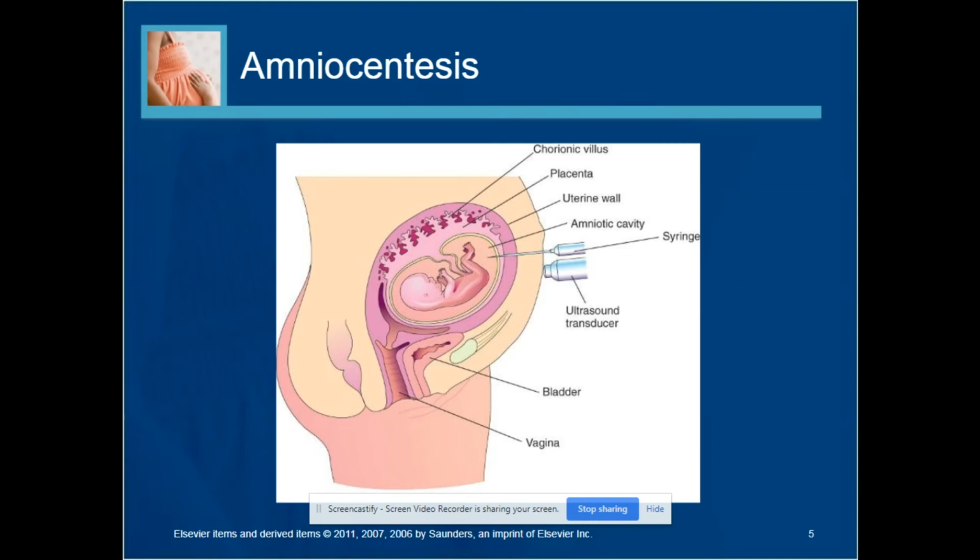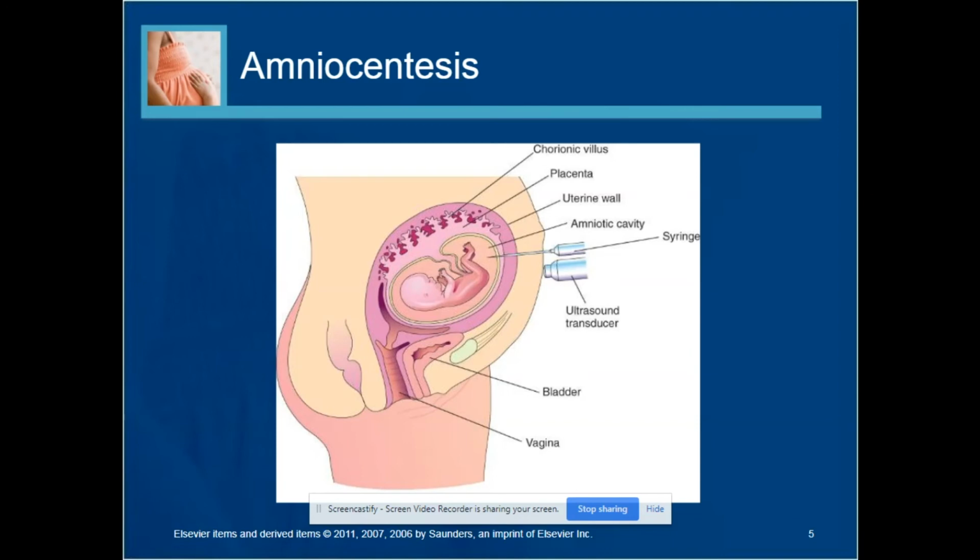If you'll look at this picture, it's showing you what an amniocentesis is. An amniocentesis is an ultrasound-guided needle aspiration of fluid, the amniotic fluid in the mother's belly.